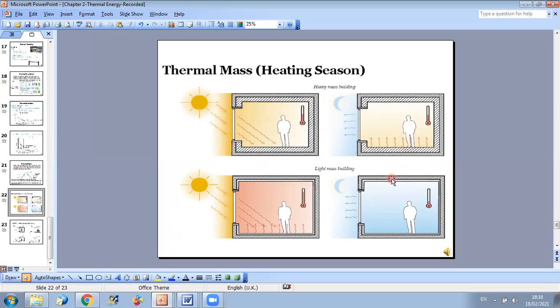On the other hand, for the case of a light mass building, what will happen during the night is that the thermal mass will release the amount of heat, but it will not be enough to warm the space for the whole night. So once all heat is released back and no more heat is present in the light mass building, then the inner temperature will drop below the comfort level, and this will induce thermal discomfort.